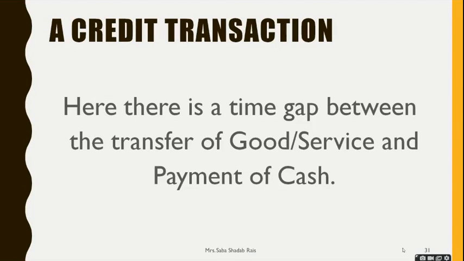I have taken it today and I have to pay the amount in the month of December. So there is a gap between the goods or service and the payment of cash. Suppose I am staying in a particular area, and after staying the whole year, after a year I have to pay the money of that home, the rent. That is a credit transaction.